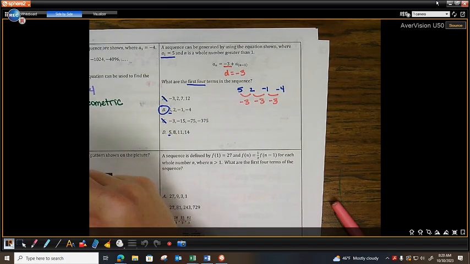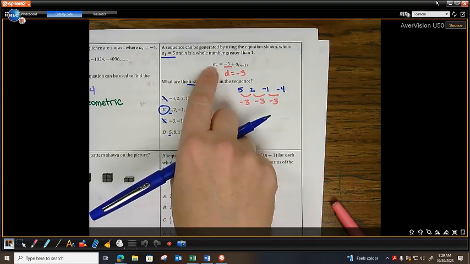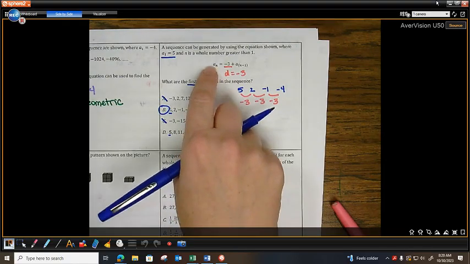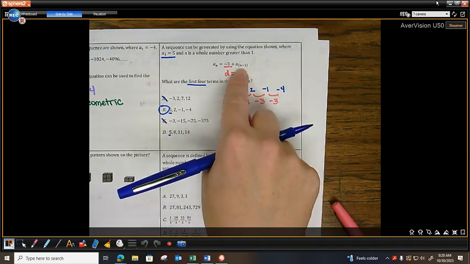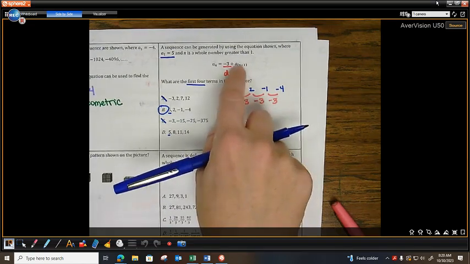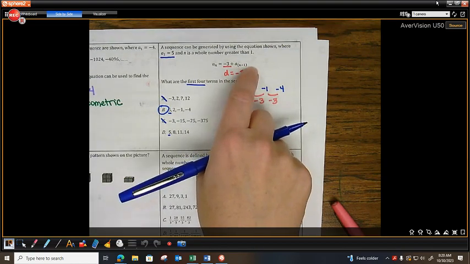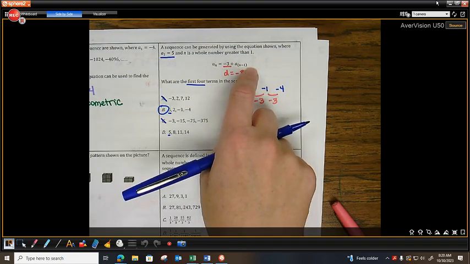Now, guys, I will tell you, I think sequences are very frustrating because I can't give you one formula that always works. They can change these formulas to use different letters. Instead of F of n, they're using A subscript n. Instead of F of n minus 1, they use A subscript n minus 1. So you need to know that anytime you see that parentheses n minus 1, that means you have what kind of formula?